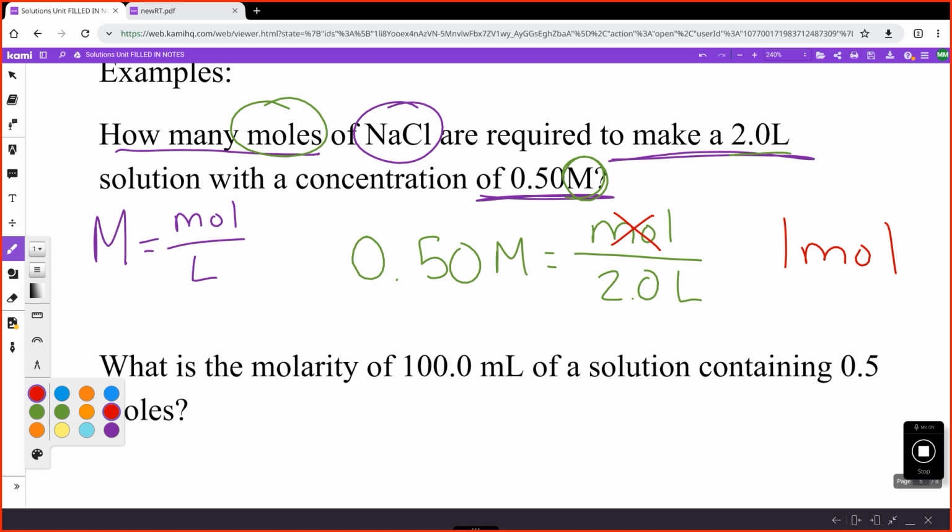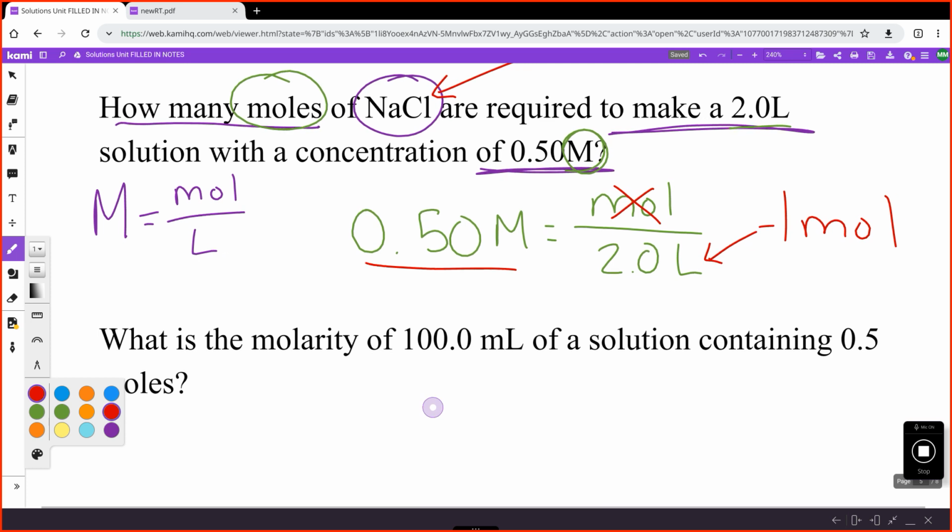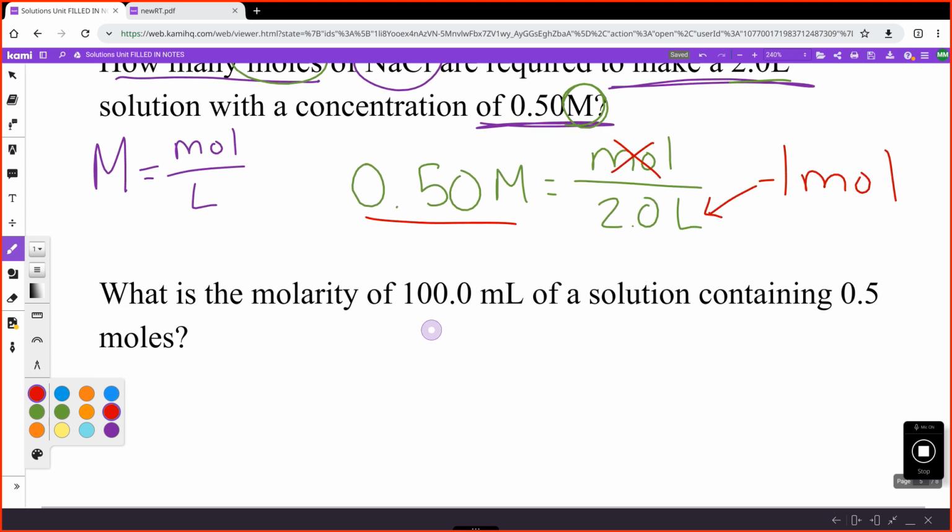The one thing I want to point out is that the identity of the solute doesn't matter at all. 1 mole of any solute in 2 liters of solution would have this concentration of 0.5. So the solute doesn't matter when we're talking about concentration.